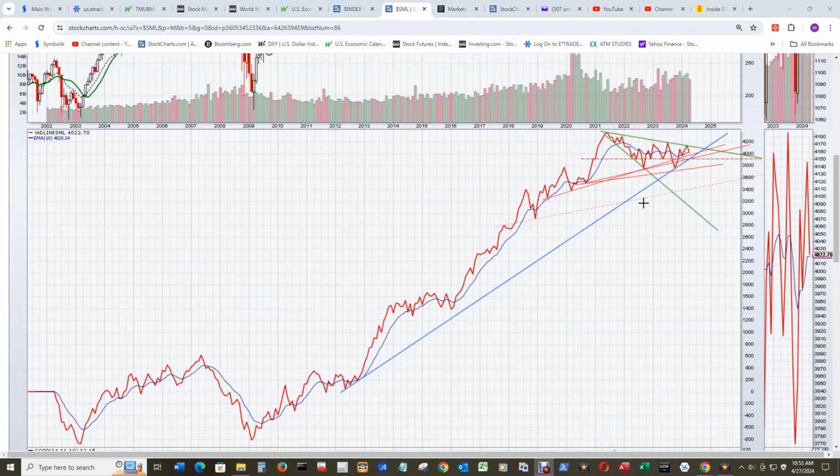And last time we looked, the small cap 600 AD line went under this first red uptrend line here. And it has backtracked and actually went back above the 10 EMA. You can see over here on the left, a few points above it.